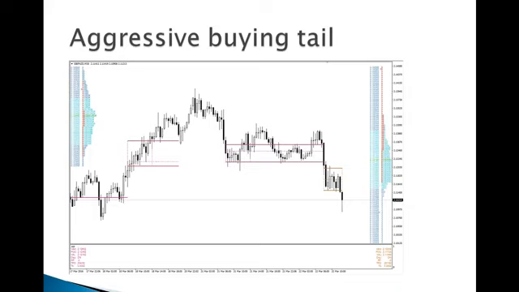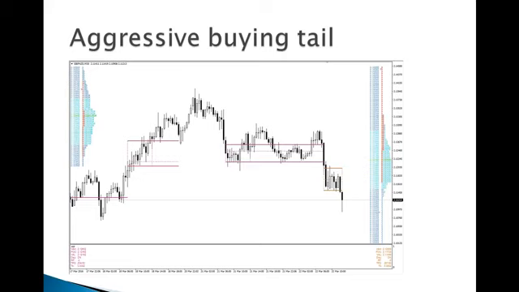Now, if you have a valid, very aggressive buying tail, which could also be visible on the price and candlesticks themselves, either as a bullish engulfing or a long buying wick, maybe even a hammer, so any one of the reversal candle patterns. In this example, we're actually coming up to the end of the London session.